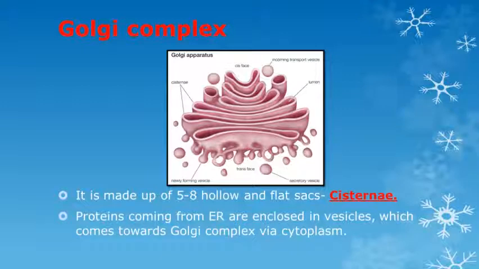The proteins coming from the endoplasmic reticulum are in fusing vesicles, that means incoming transport vesicles, which come towards the Golgi complex via the cytoplasm. That means the proteins come from the endoplasmic reticulum to the Golgi apparatus via incoming transport vesicles.